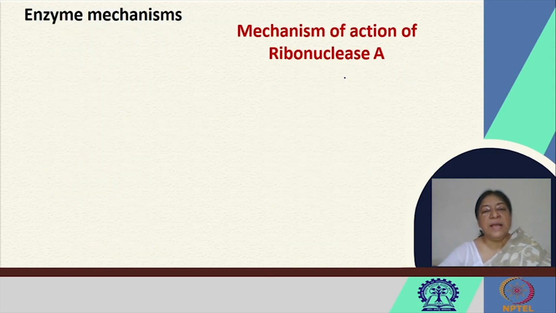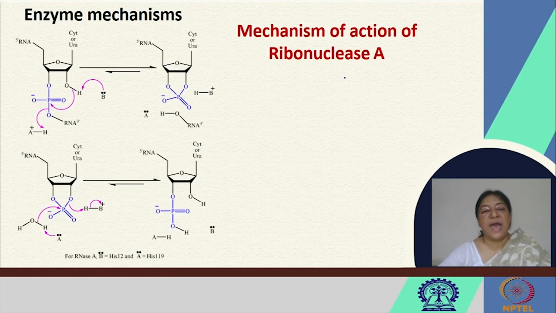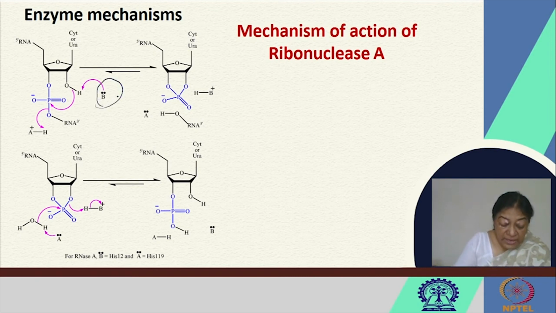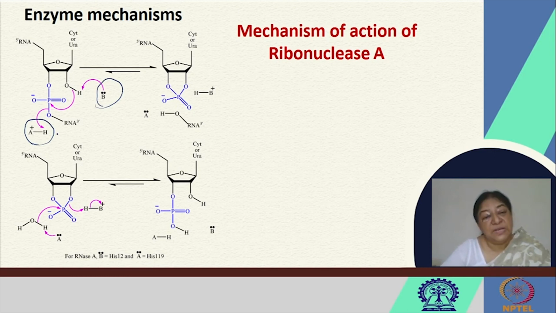In the mechanism of action of ribonuclease A, there is an involvement of a base and an involvement of an acid. So we have a proton donor and we have a proton acceptor. The beauty about the proton donor and the proton acceptor in ribonuclease A is that both of these are histidine residues.